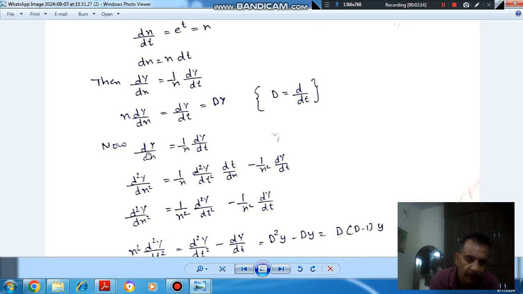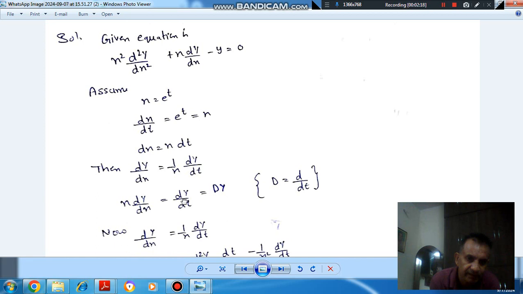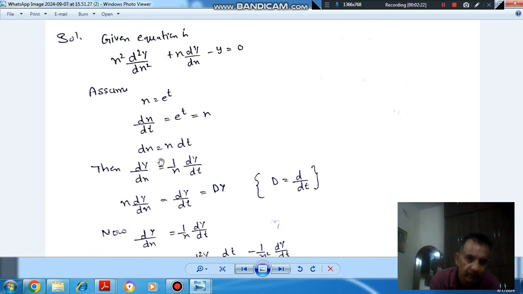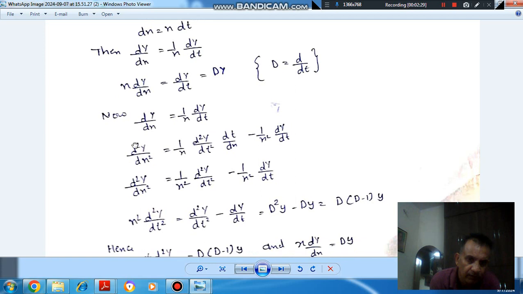Differentiating again, this dy by dx can be written as 1 by x dy by dt. Differentiating it again, d square y by dx square consists of two terms using the product rule.